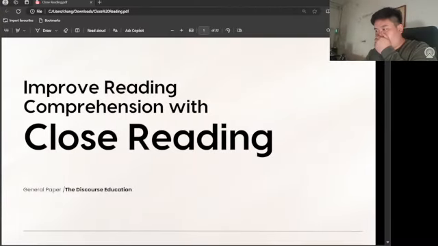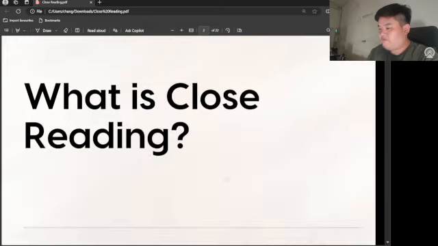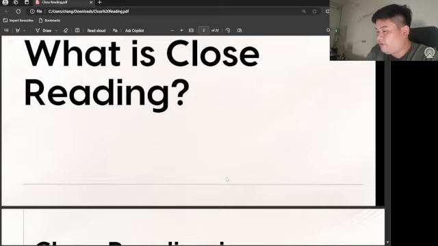So, what we're going to talk about today is really how you can improve your reading comprehension with close reading, right? Now, you might be wondering, what is close reading? If you're a lit student, I think you would be very familiar with this because this is the same technique that you use to decipher all your set texts, right? That means we are referring to things like your poems, your novels or novellas and so on and so forth, okay?